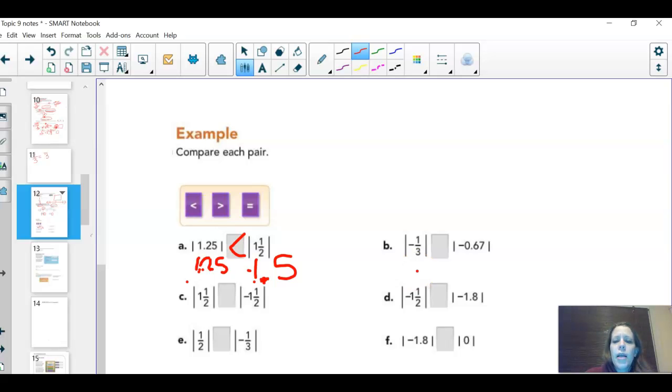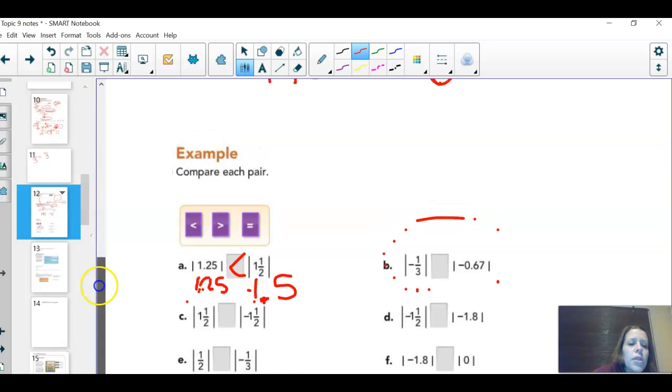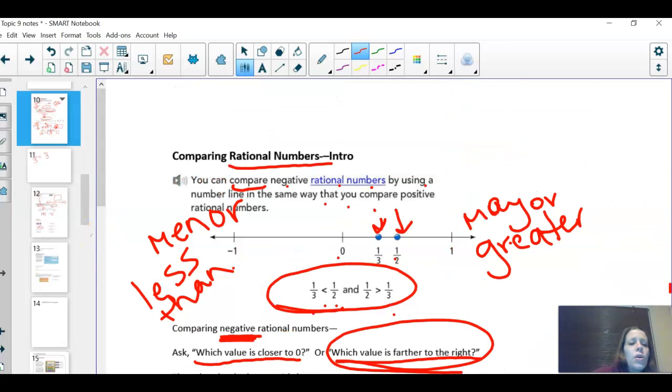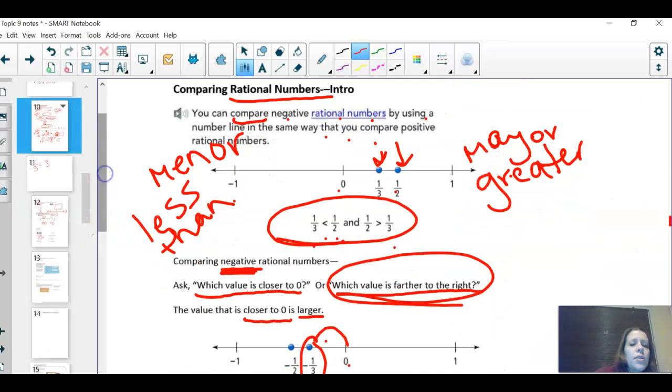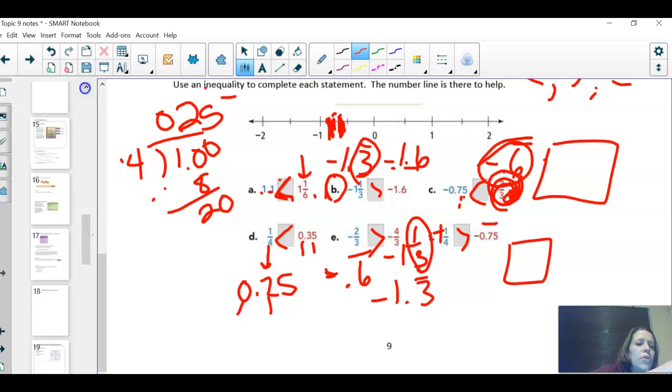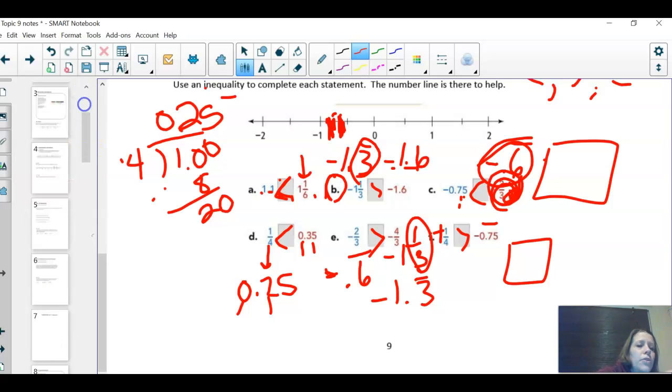Okay, go ahead and look at this one right here. Okay, change -1/3 into a decimal. Use your example from this page here. Okay, tú puedes usar tu ejemplo desde esta página o tú puedes buscar la primera página en tu libro, or you can look at the first page in your book.